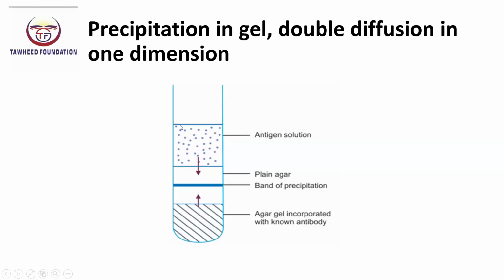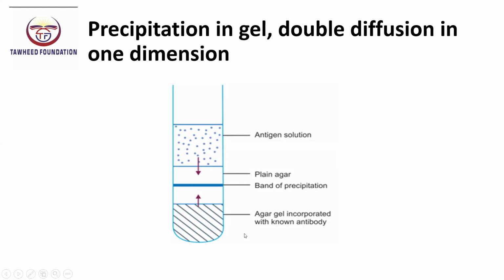The upper trough contains antigen solution and the lower trough contains antibody solution. When the experiment starts, both antigen and antibody molecules begin to diffuse through the gel. The antigen diffuses downwards and the antibody diffuses upwards.